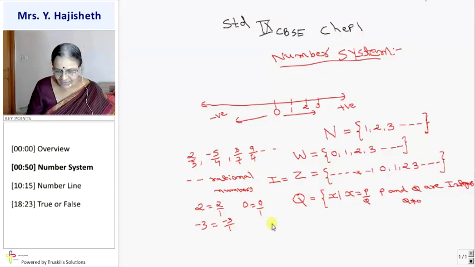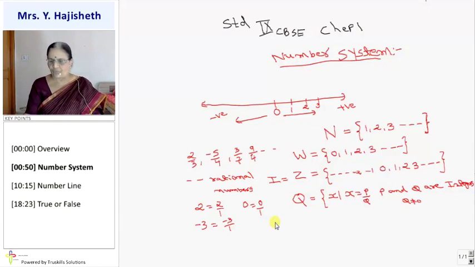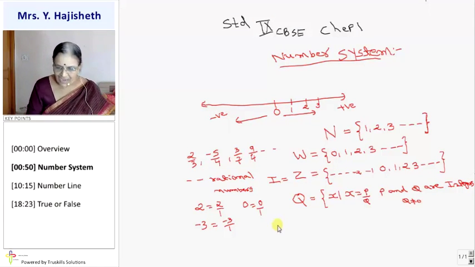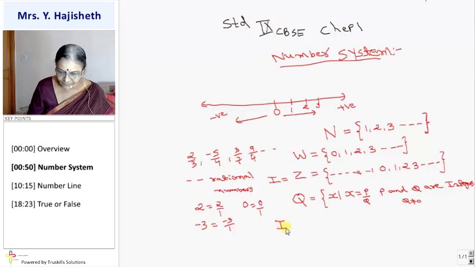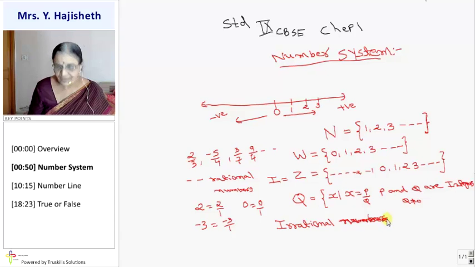Now there are numbers which cannot be represented in the form P by Q, where P, Q are integers and Q is not 0. They are called irrational numbers.